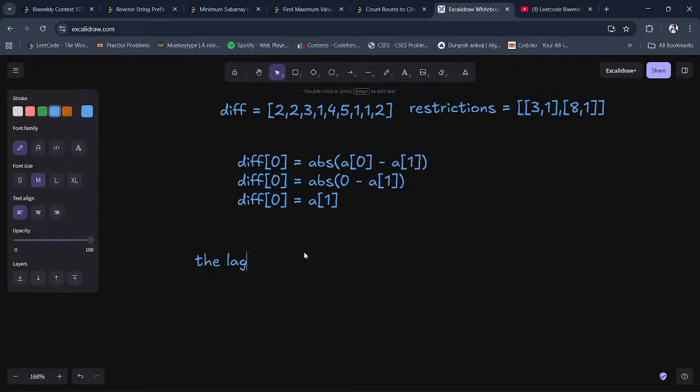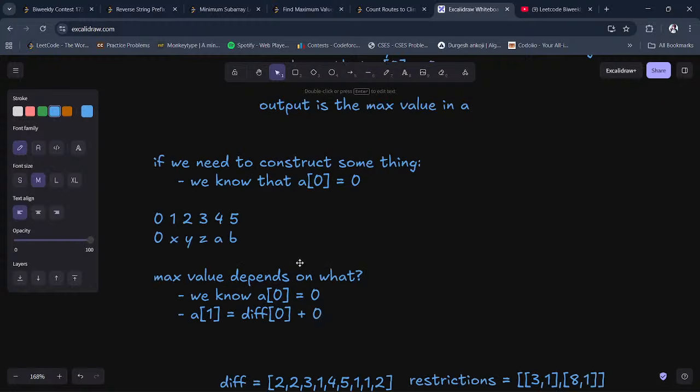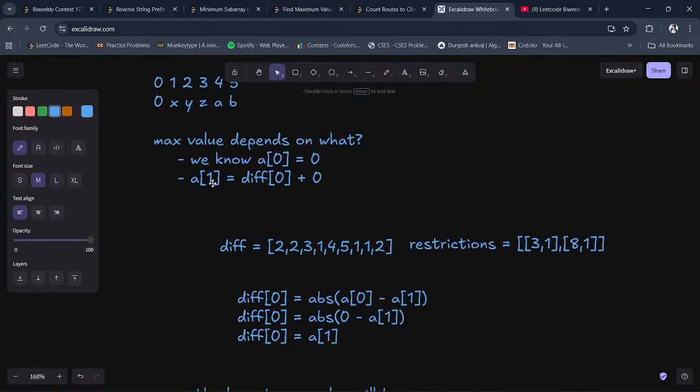The largest max value will be the sum of the difference array, because a1 is difference of 0, then a of 2 equals difference of 1 plus a of 1.